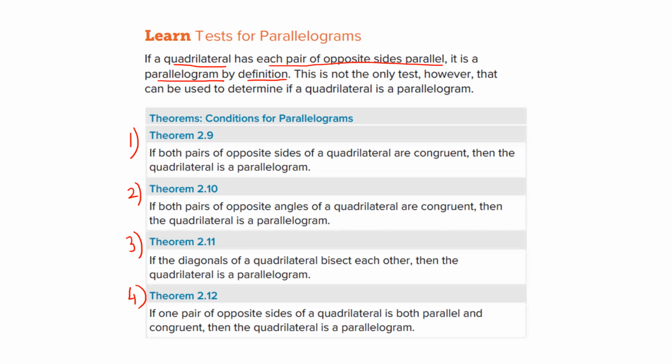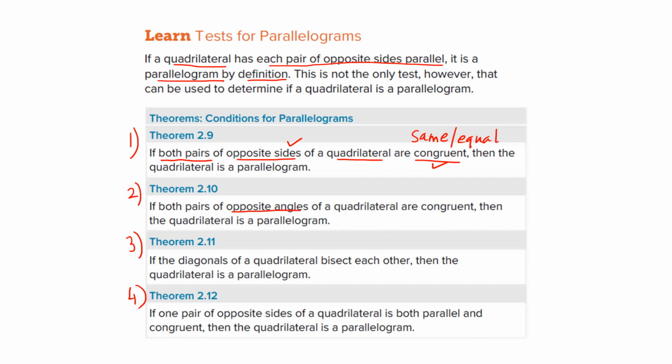The first theorem or test: if both pairs of opposite sides of a quadrilateral are congruent, meaning they have the same or equal measure, then the quadrilateral is a parallelogram. That's one test.